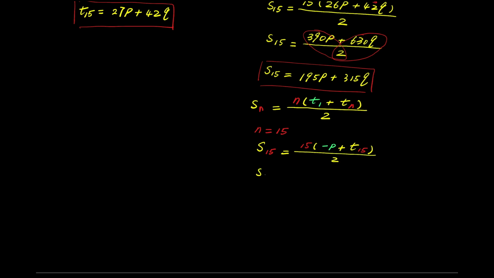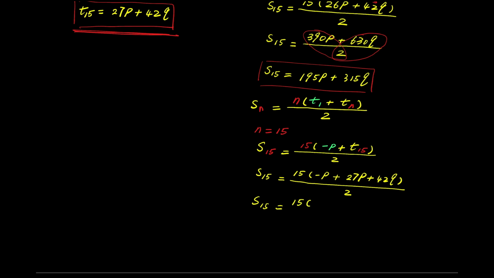We've got t15 here. So let's plug in this expression, which is 27p plus 42q, then divided by 2. And then further, we can get 15 times (26p plus 42q) divided by 2. And you see we are coming back to here.